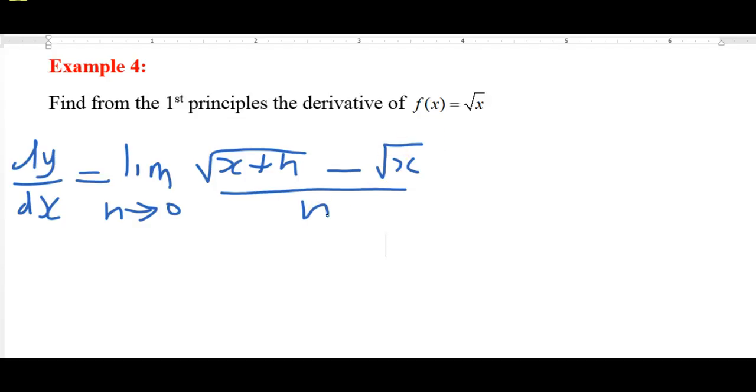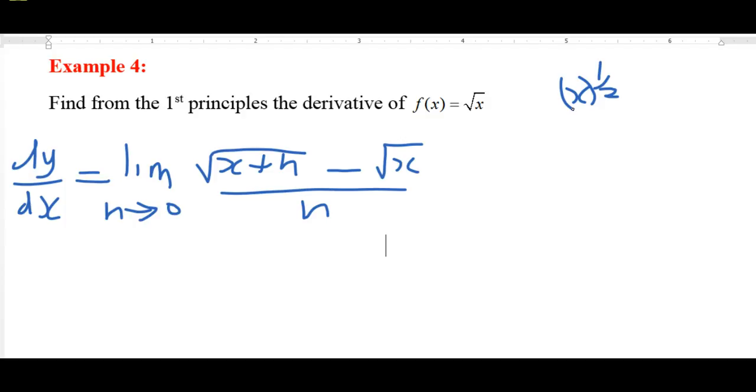And this time around, if you try to make the power look like a half, it means you have to expand this one in terms of binomial expansion, and that will be a bit complicated. And so the best thing to do here is to rationalize the numerator instead.